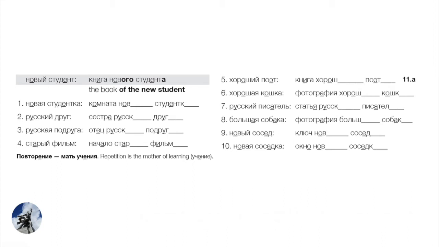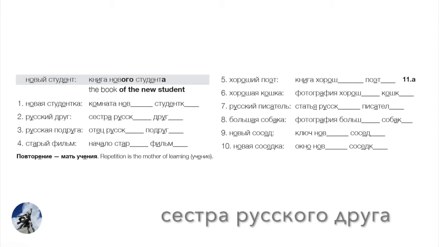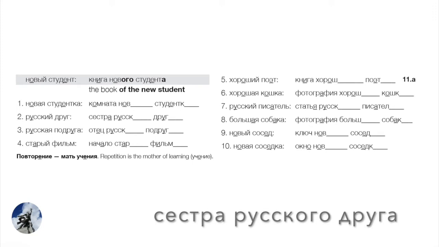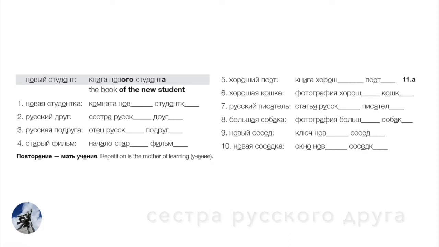Okay, number two, русский друг. Okay, that's a masculine noun. So to say the sister of the Russian friend or of our Russian friend, we'd say сестра русского друга. Again, the ending is not stressed there, so we don't say ого, we say ого as ава.